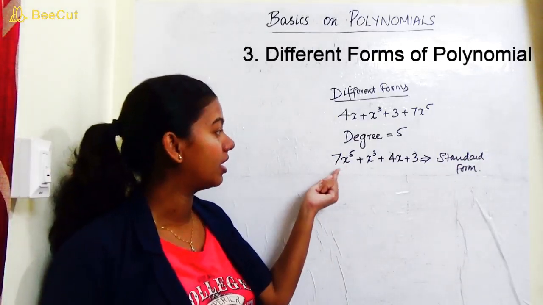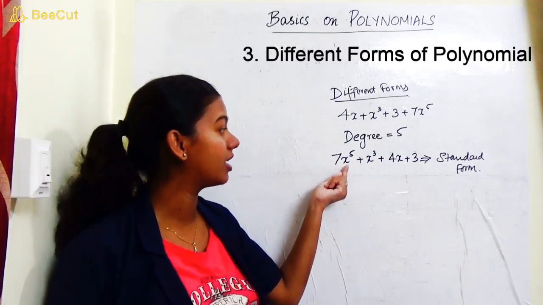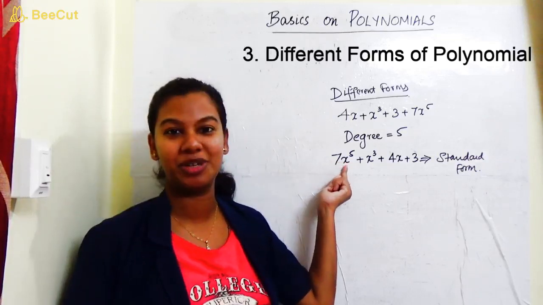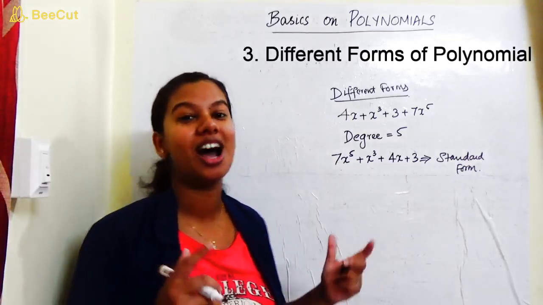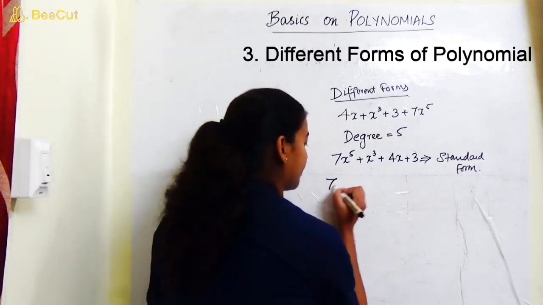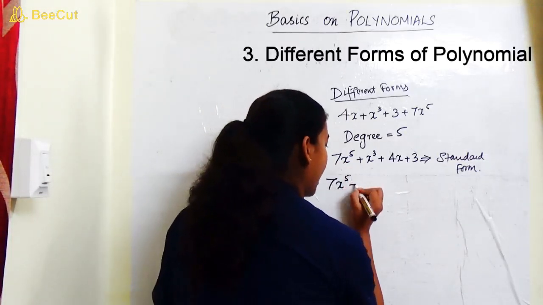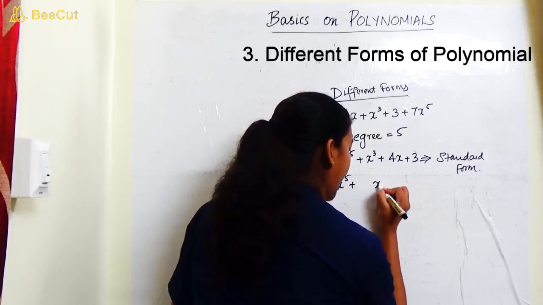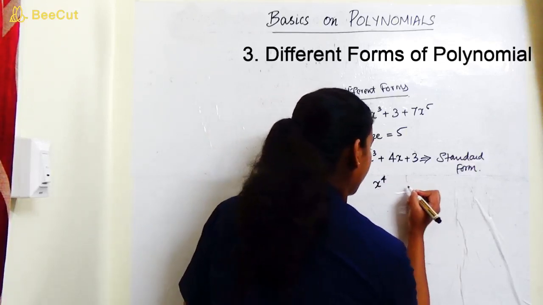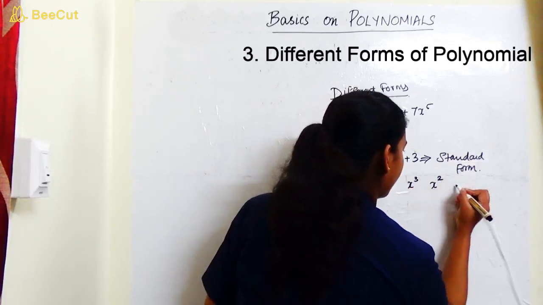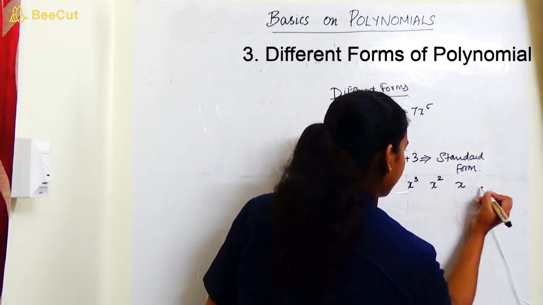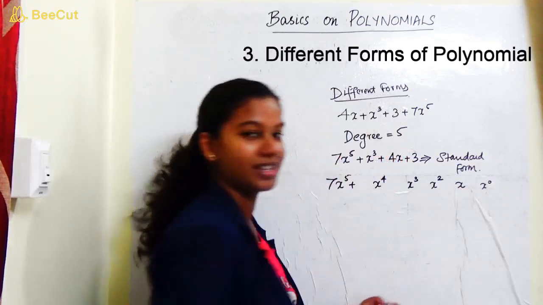Coefficient is the value which is multiplied by that variable. And their coefficient I need to put as 0. So let's see how it comes. 7x raised to 5 plus, I'll put x raised to 4 here, x cube, x square, then x, then next will be x raised to 0.